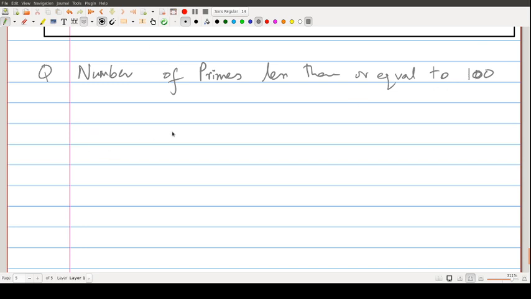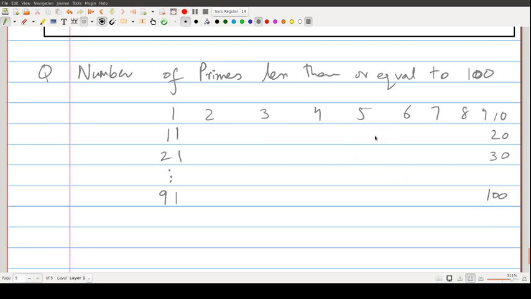Now we've done this problem through the lens of the sieve of Eratosthenes, which is we list down all the numbers 1, 2, 3, 4, 5, 6, 7, 8, 9, 10, and then 11 to 20, 21 to 30, and so on up until 91 to 100.